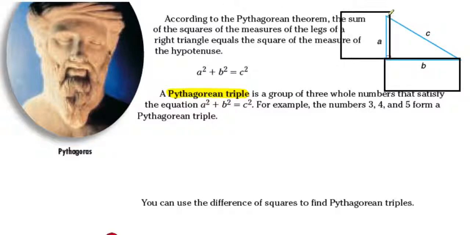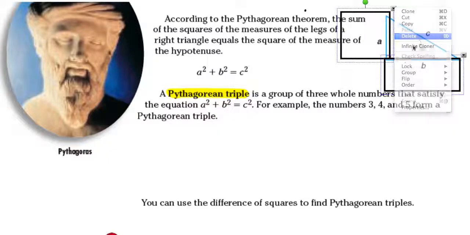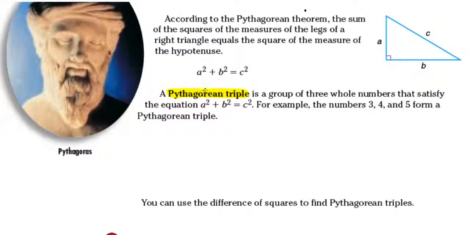Never mind. So basically what it's saying is that if I have A and if I have B and I square both of them, the sum of their squares will be equal to C squared. And that's the Pythagorean theorem. Let me delete this. So A squared plus B squared equals C squared.